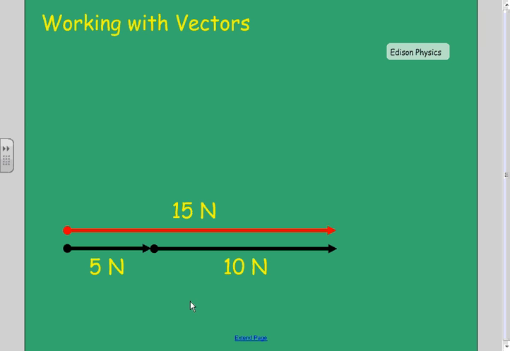And hopefully it's obvious in this picture that the length of that vector is 15 newtons. So my 5 newton force plus your 10 newton force, when we both pull in the same direction, gives us a total or a result of 15 newtons. We're going to hear that word a lot, result. The sum of two vectors is often called the resultant vector.